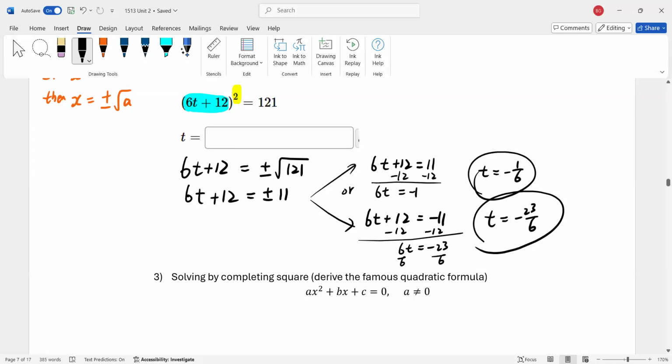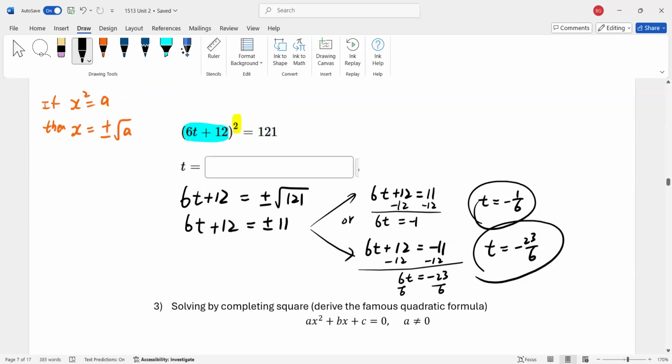Hold on, no, that's the second method. The first method, solving by factoring, only applies when the left side of the equation is factorable in the rational number set. The second method is square root property, which only applies when it's convenient to apply.